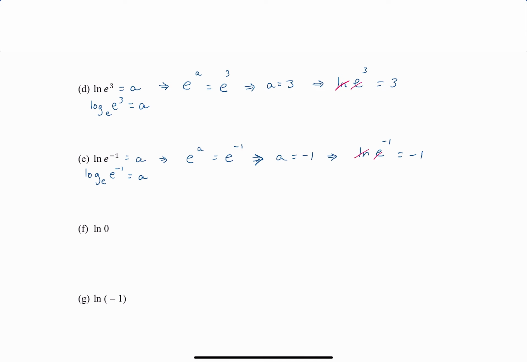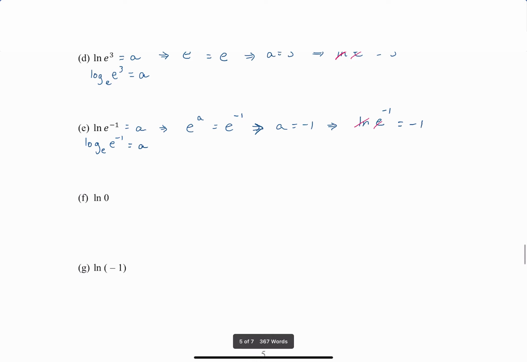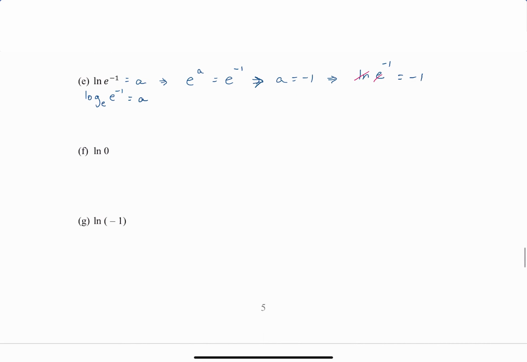Okay, ln of 0. That's actually a trick question. Do you see why? Let's give it a for answer. So this is saying log base e of 0 is a. Now, if I translate that into exponential form, this is saying e to the a equals 0.